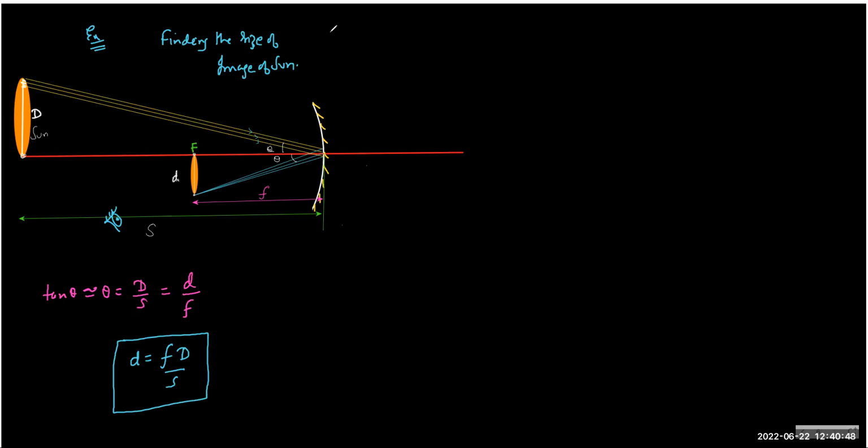The next part: we are doing image formation due to the concave mirror. We saw one thing, the parallel beam. Let's go to the regular case, a beam which is not parallel.